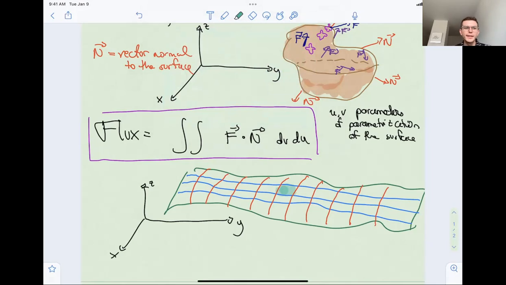If you look at a tiny piece of the surface, it's almost approximated by a tangent plane, right? And when we found the area of a plane or a parallelogram, it involved the norm of a cross product, right?